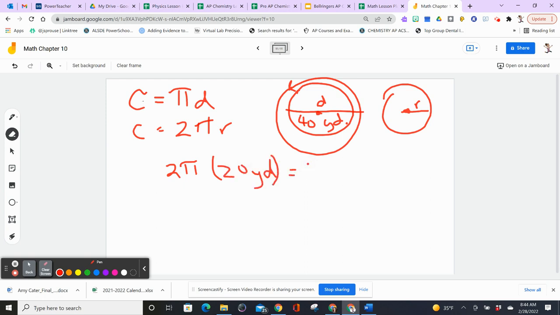So that's going to turn out to be 40 pi, which when we multiply that out, we can just use 3.14 for pi, and we get 125.6 yards.